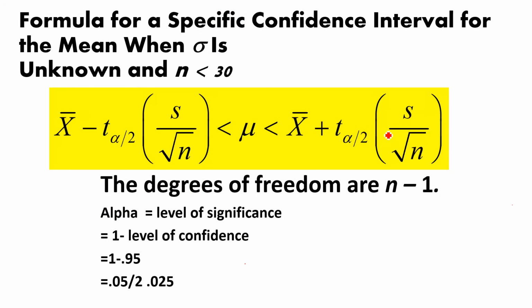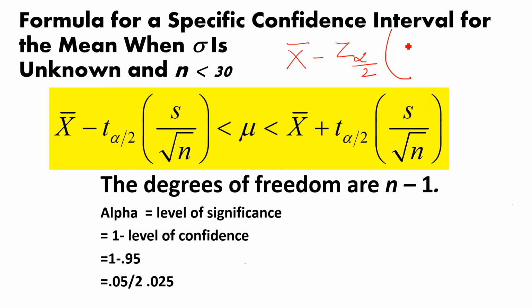The formula for calculation of the confidence interval of the mean when sigma is unknown, this is the formula. In the last case, when sigma was known, we were using a different formula. This is the mean. Instead of this t sub alpha by 2, we were using z sub alpha by 2.